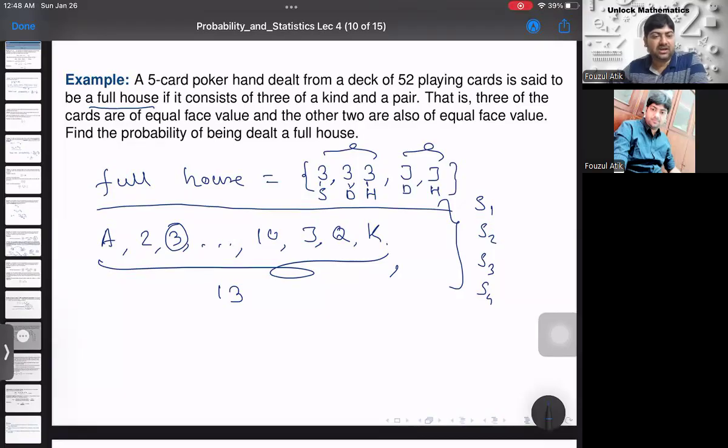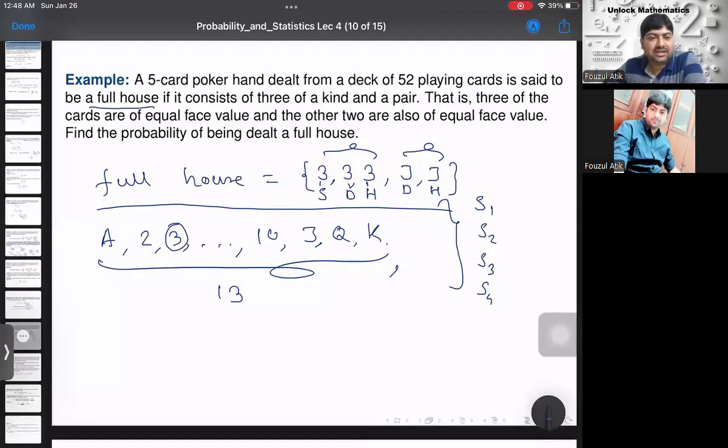So you have to find out, whenever you have 5 cards in your hand, what is the probability that it is a full house. How to do this problem? Very interesting problem, so put some stress in your mind and try to apply the basic principle of counting.